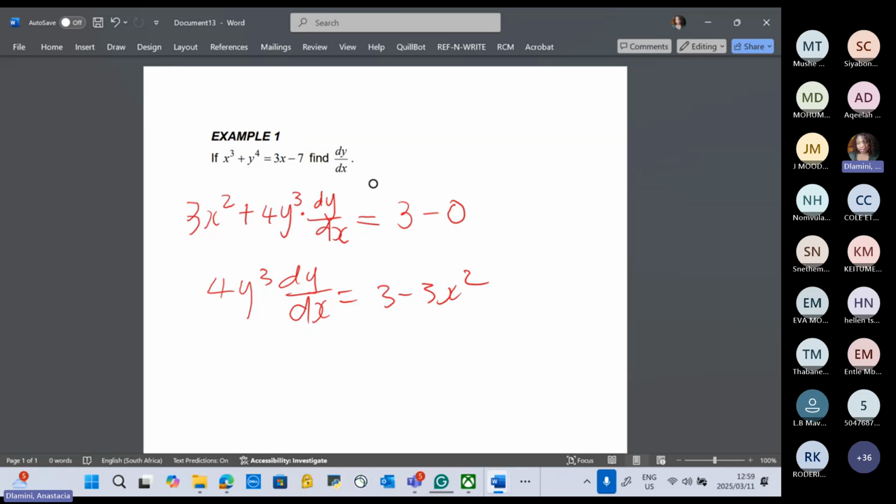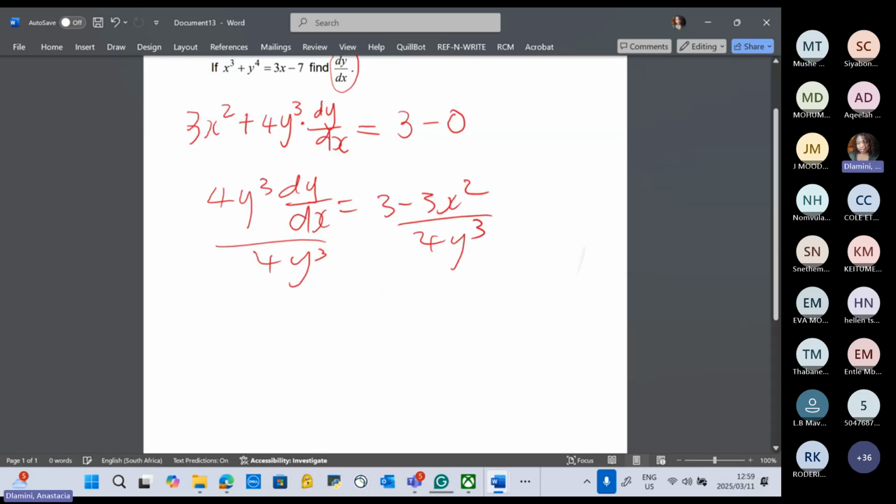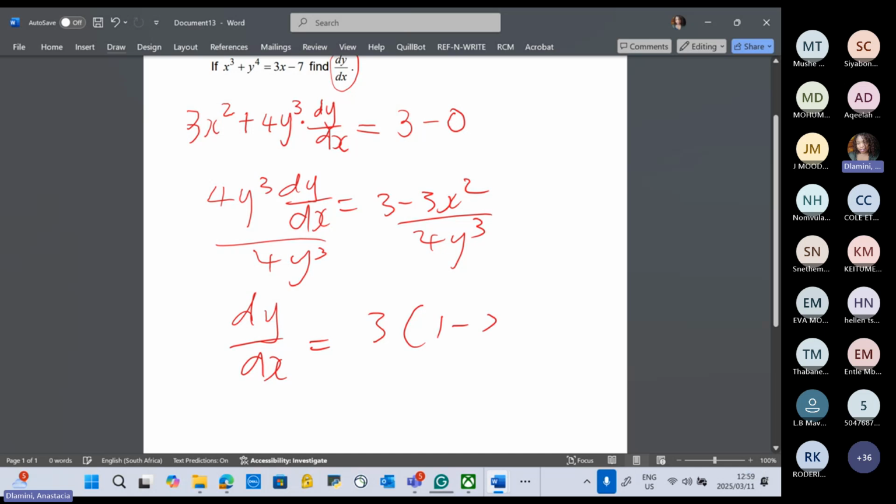If in financial maths in grade 10, 11, and 12, they say make i the subject of the formula because you are looking for i, here you want dy over dx, meaning that you have to make dy over dx the subject of the formula. So how do you do that? You remove everything else. Divide by 4y to the power of 3. So therefore dy over dx is equal to 3 times 1 minus x squared over 4y to the power of 3. Then you have performed what you call an implicit differentiation.